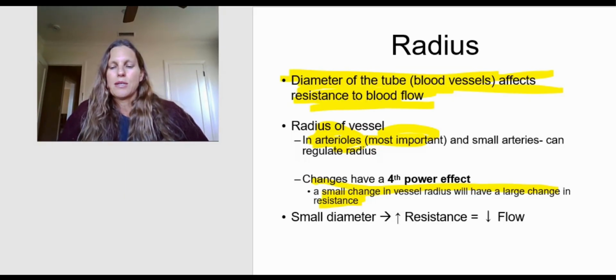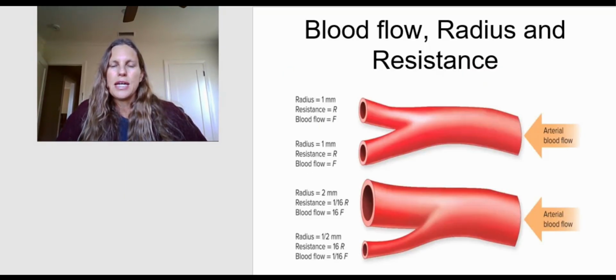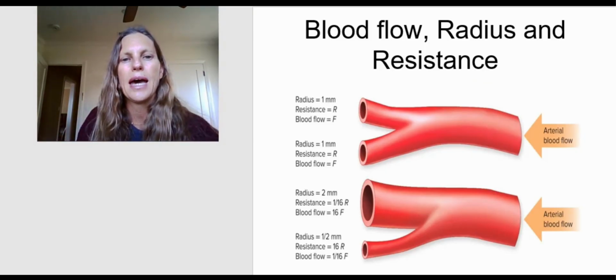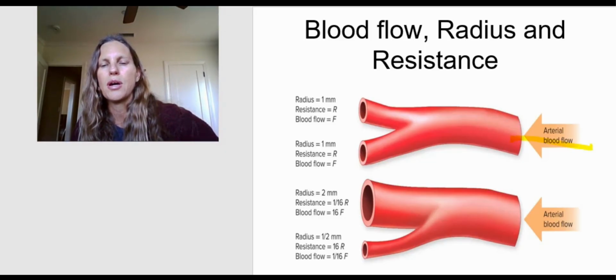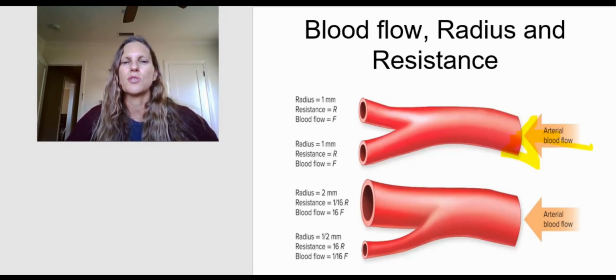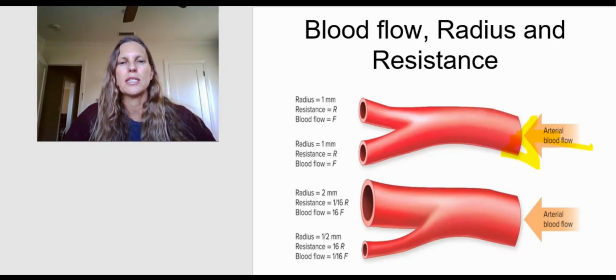All right, so that's the big one. Here's a little picture that shows us, right? So if your radius is a millimeter, your blood flow is coming in this direction. The radius of that tube is a millimeter. The resistance is what it is, and the flow is what it is.